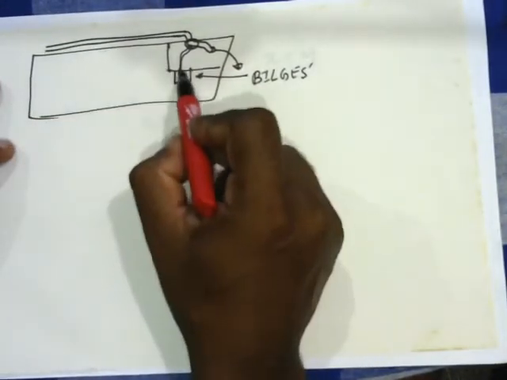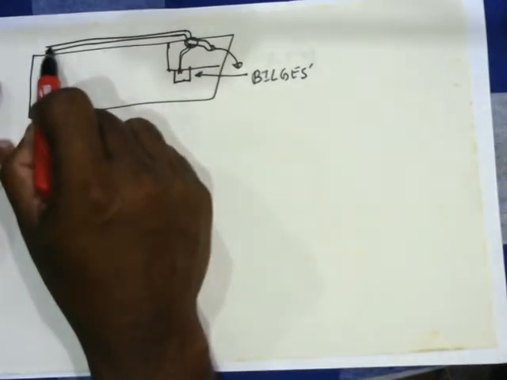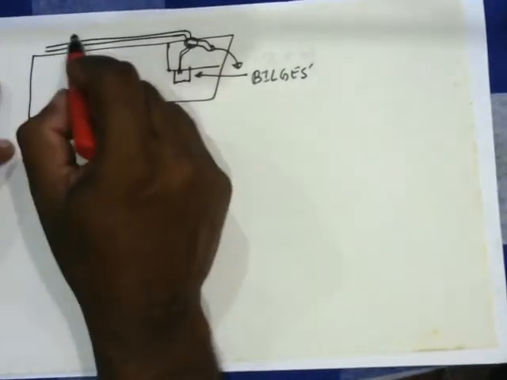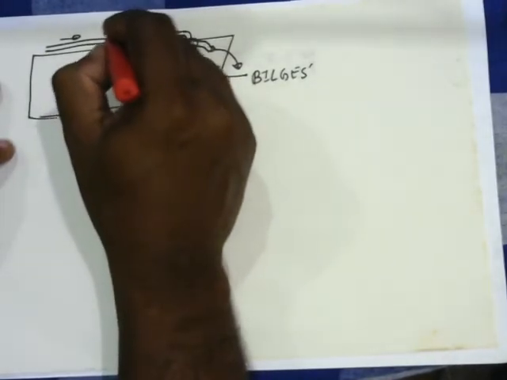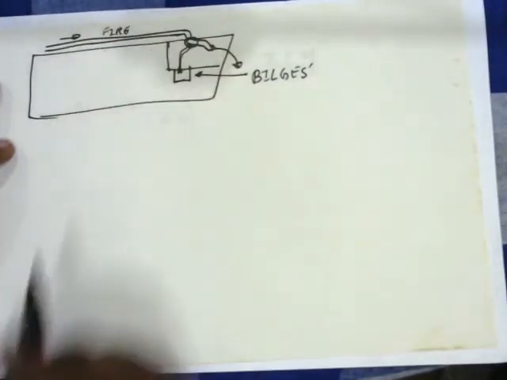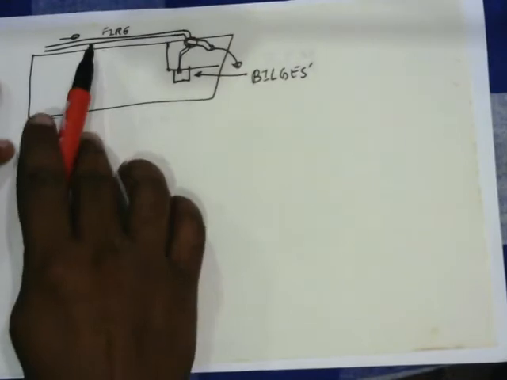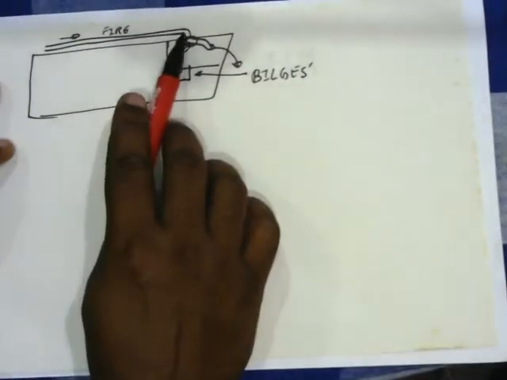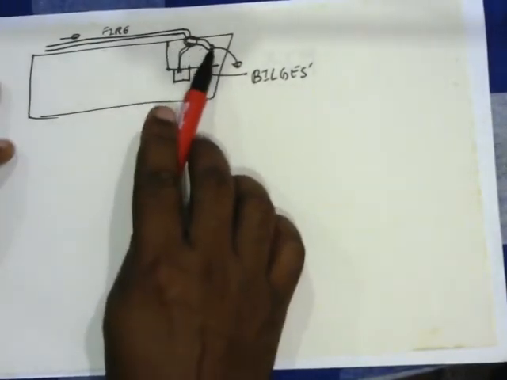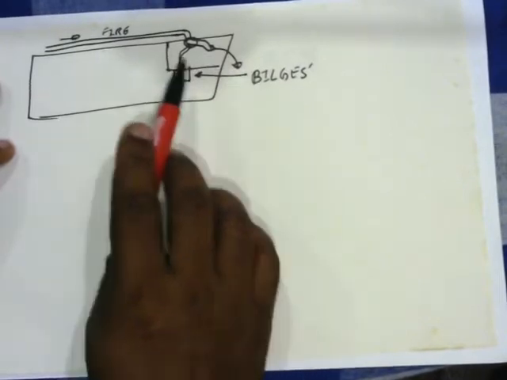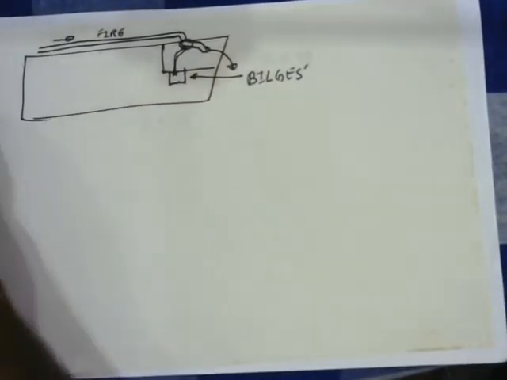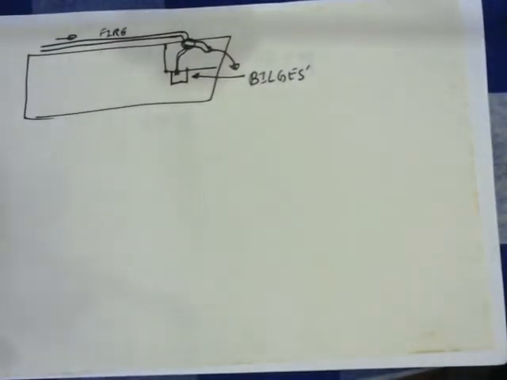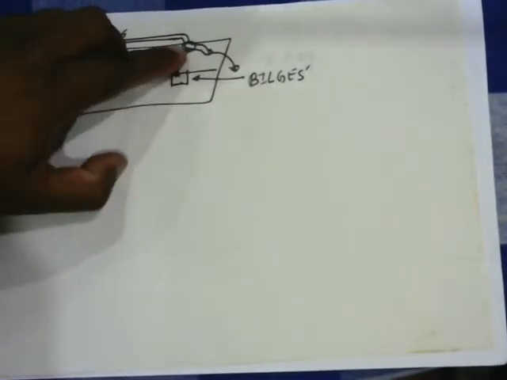In order to pump out these bilges, you have to send water through your fire line. This is the fire line. You send water through it, and it goes out from the bilges, and this water will be pushed up, right? This water will be pushed up by this eductor system.